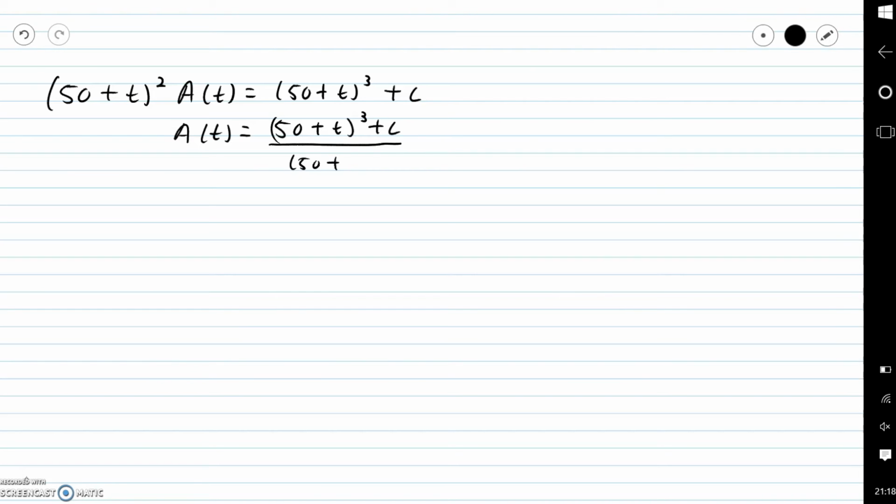After getting the equation of A of t, we'll then take when time equals 0, which is when the amount of salt in the tank is equal to 10 pounds.